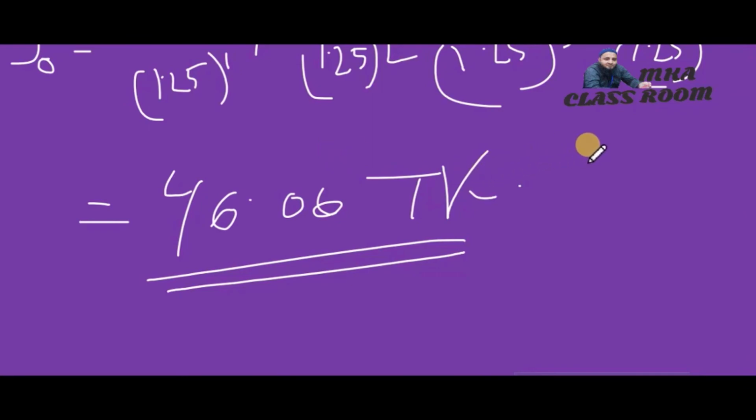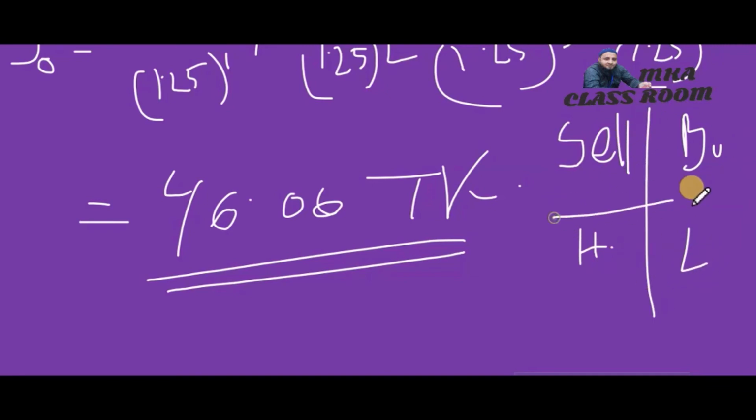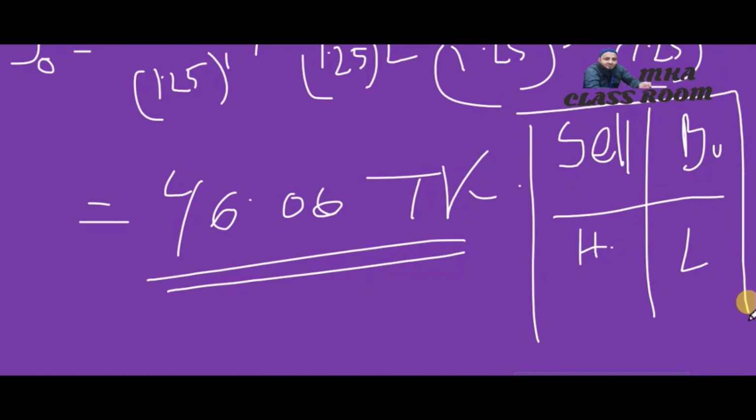So we know that whenever we sell, it should be at a higher price, and whenever we purchase or buy, it should be at a lower price. So it is very clear for us that this is the intrinsic value.